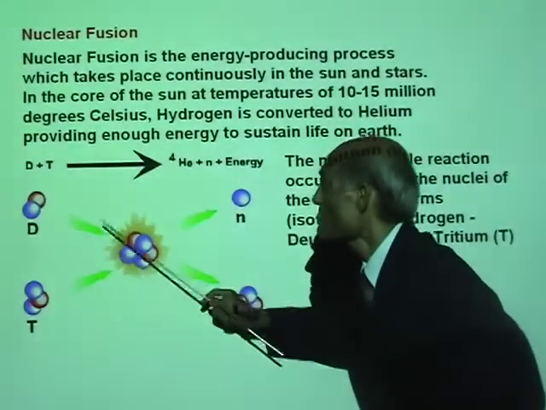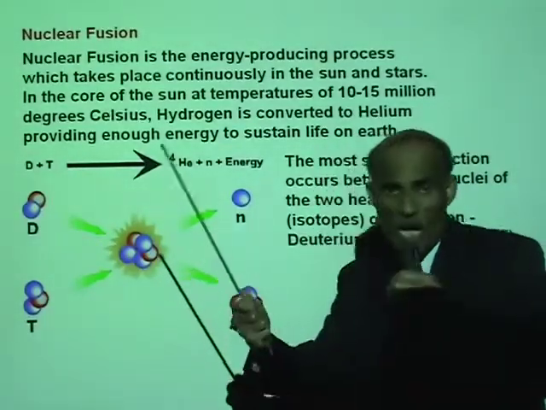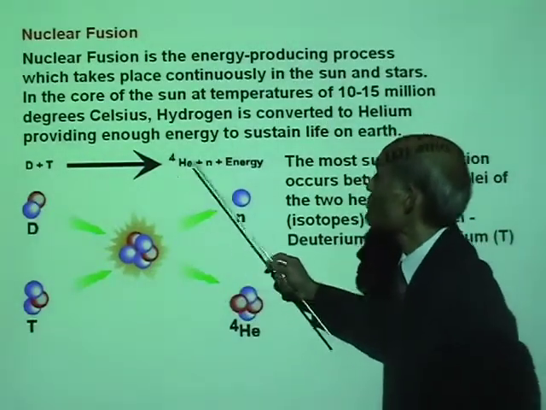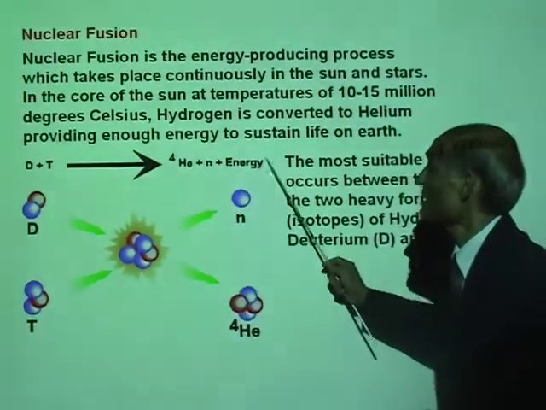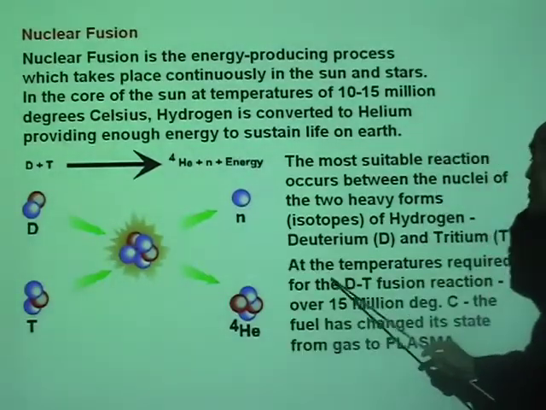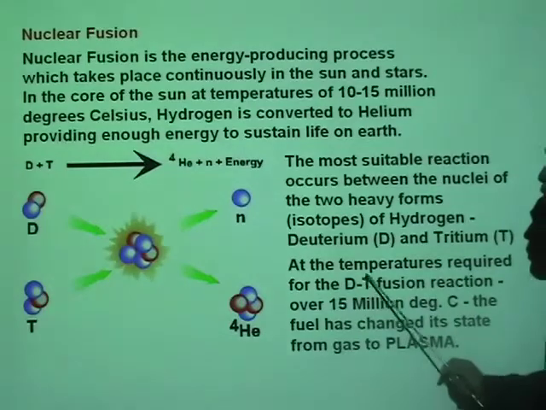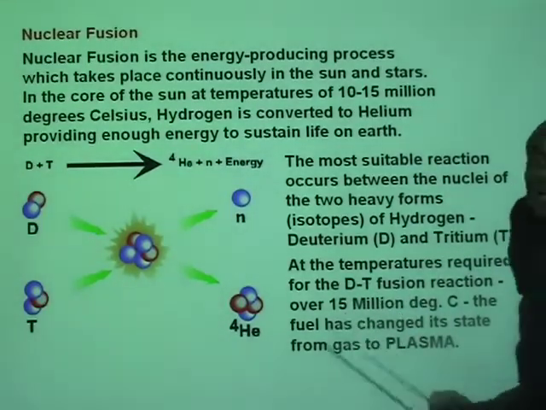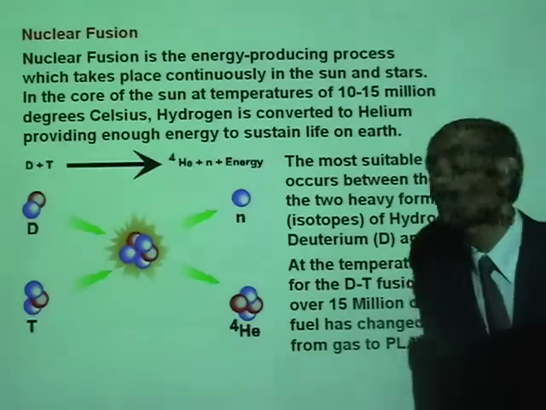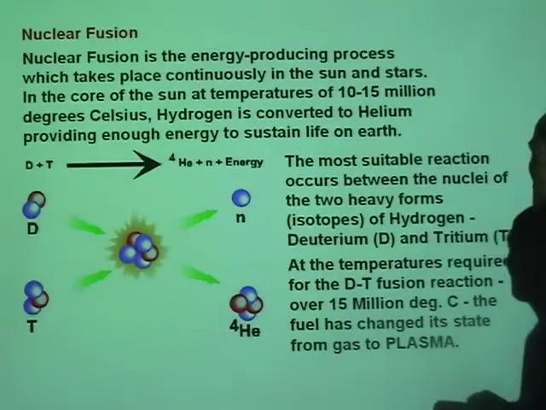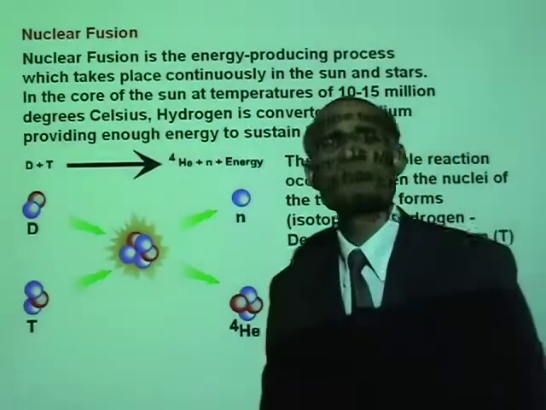When a deuterium and a tritium are fused together, you produce an isotope of helium plus a tremendous amount of energy. At the temperatures required for the deuterium-tritium fusion reaction, about 15 million degrees Celsius, the fuel has changed state into plasma.